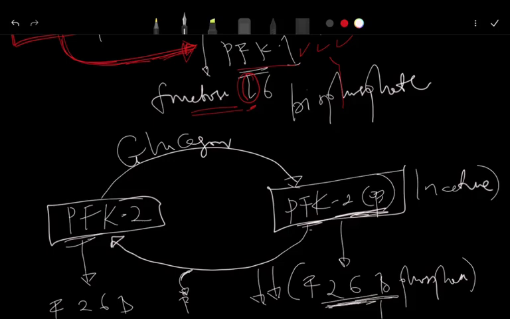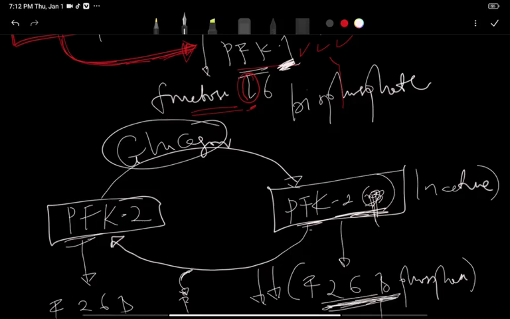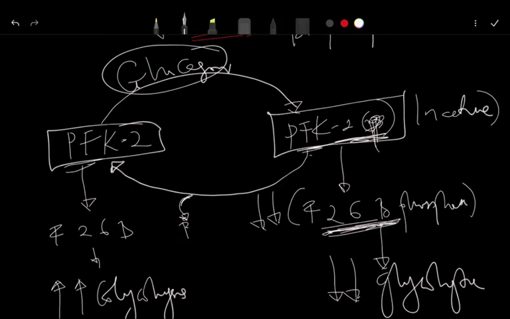Is that not so? Because it will stimulate this rate limiting enzyme here. Now I'm just telling you that PFK2 is not always activated. In the presence of glucagon, it becomes inhibited, that is, it becomes phosphorylated. And this phosphorylated form cannot form our very powerful activator of glycolysis.